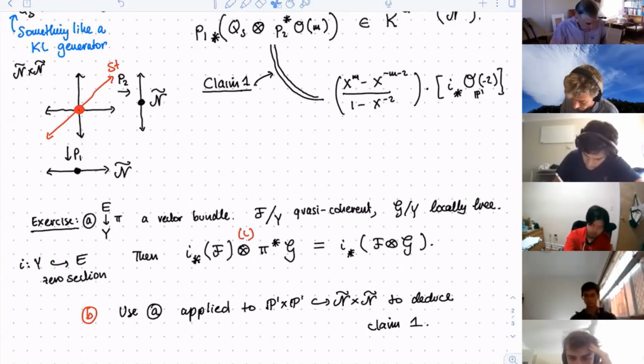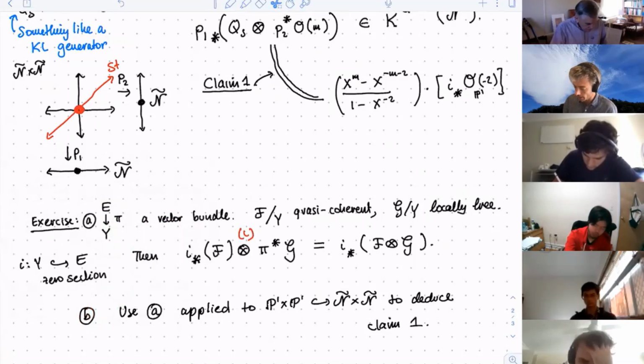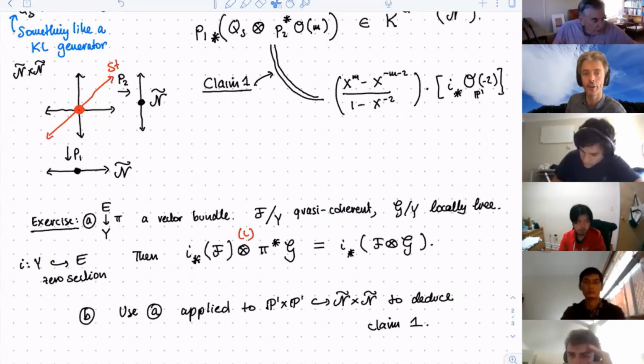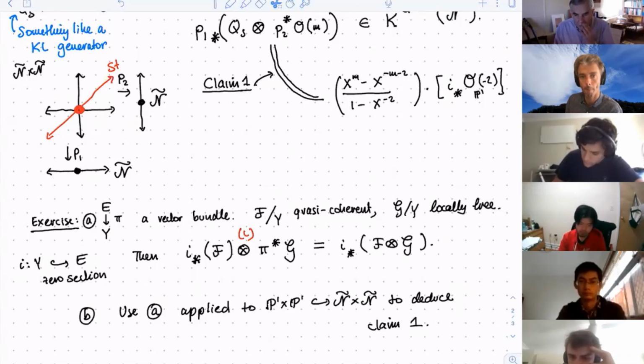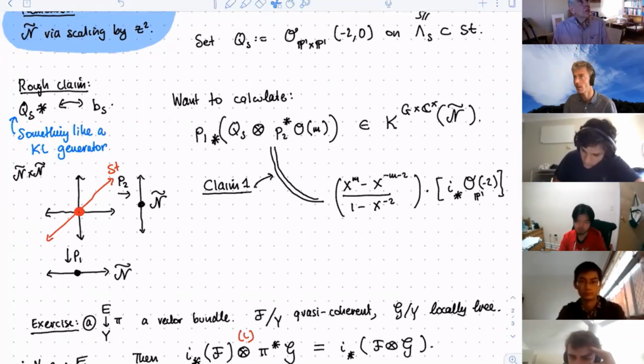Essentially all I'm saying is that in this bit of the calculation, the only thing that happens is based on P1. There's nothing cotangent bundle coming into this calculation whatsoever. Okay. Any questions?